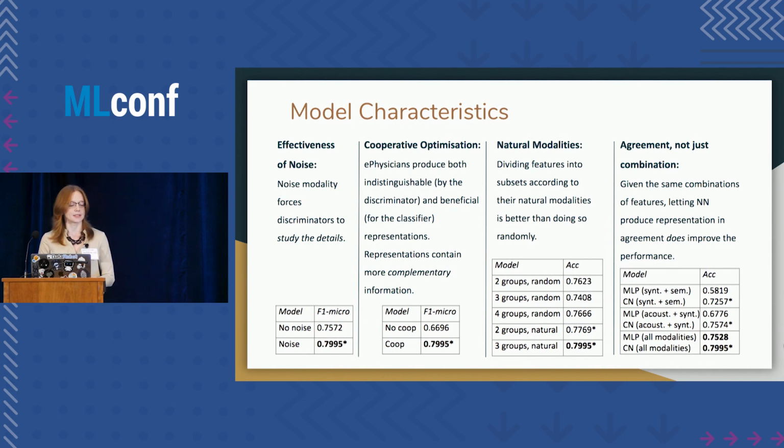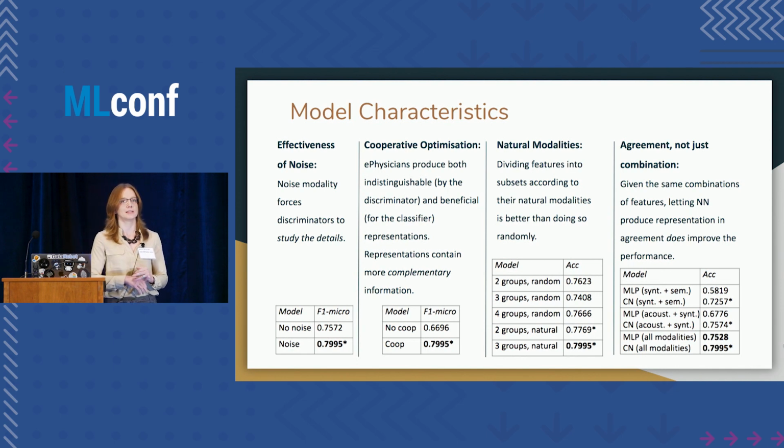Okay, next technique is cooperative optimization. This is kind of a technical hack. During experiments, we tried to backpropagate gradients not just to the level of interpretations, but back to the e-physicians. And we realized that this technique also helps improve the performance by more than 10%.